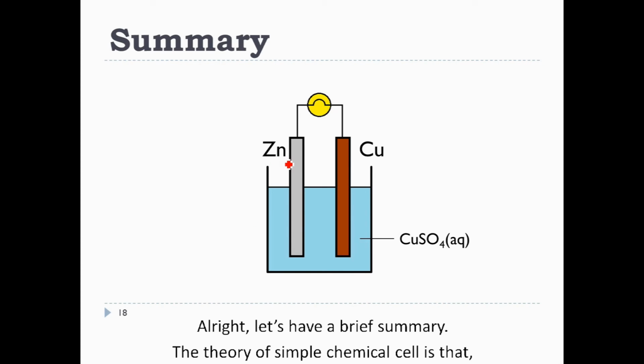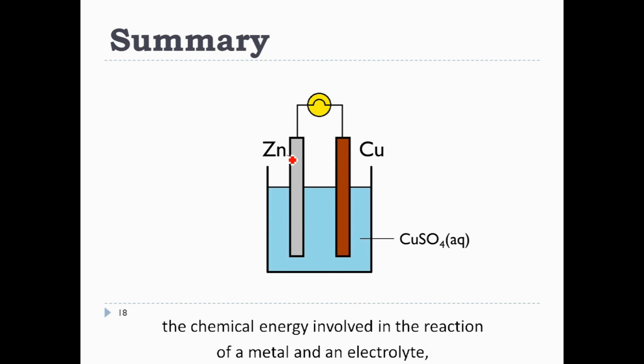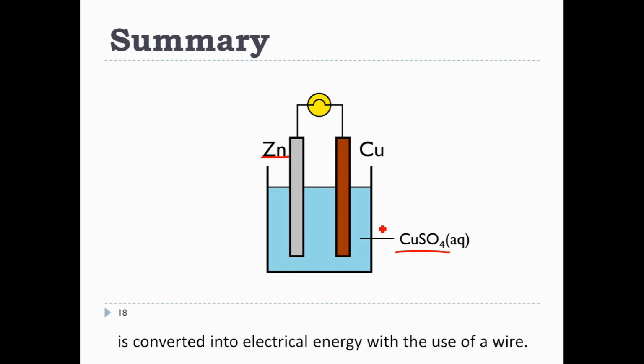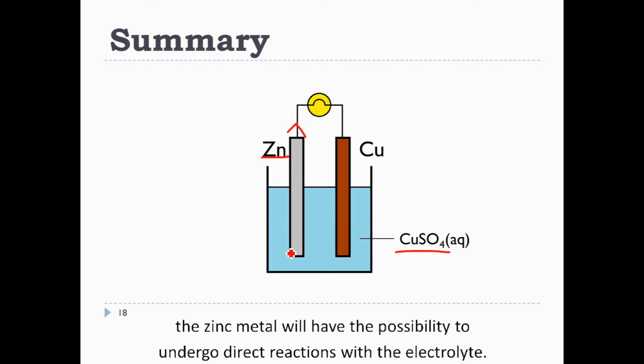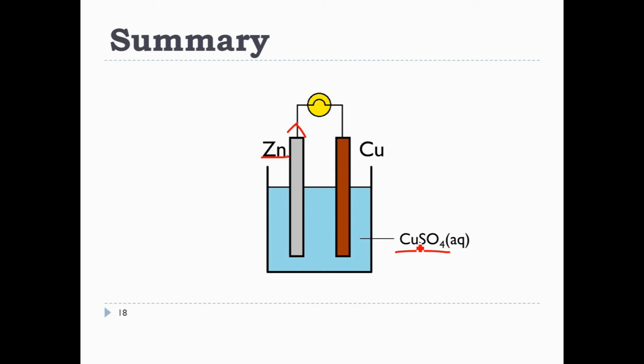Alright, let's have a brief summary. The theory of a simple chemical cell is that the chemical energy involved in the reaction of a metal and electrolyte is converted into electrical energy with the use of a wire. If the electrolyte is contained in one beaker, the zinc metal will have the possibility to undergo direct reactions with the electrolyte.